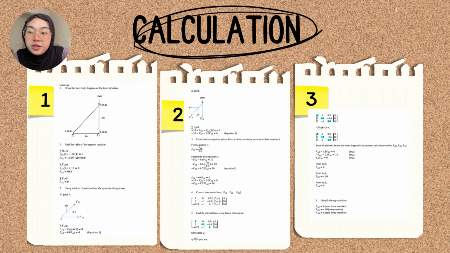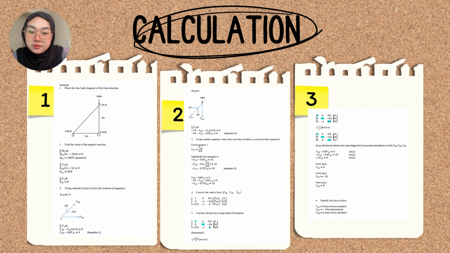So the equation will be negative, in bracket, negative 0.75 per 1, A plus C. After we calculate it using the calculator, we still get another element which is not 0, which is negative 1 below the main diagonal. So we eliminate it using the same formula.